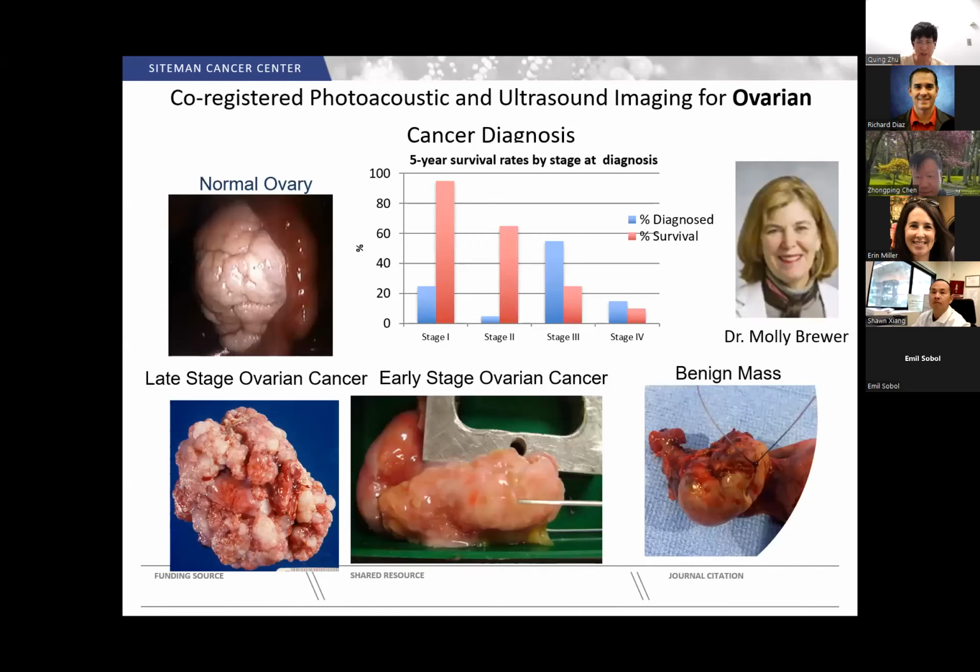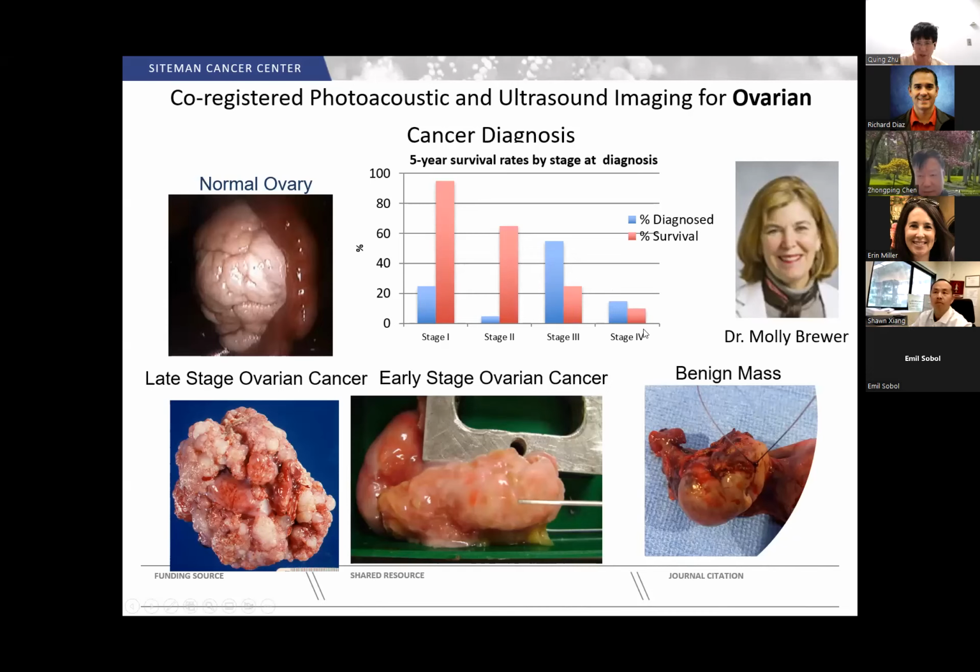So you all know that ovarian cancer is a really deadly disease, with no early detection methods and tools. When patients are diagnosed at an early stage, stage 1 or stage 2, the survival is a lot better than for patients diagnosed at stage 3 and 4.